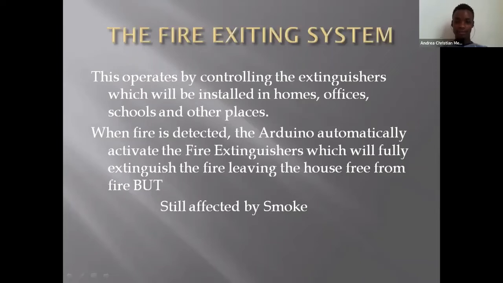So the fire exiting system, there are two systems. As I said, there's the fire exiting system and there's the smoke exiting system. So the fire one operates by controlling the extinguishers, which will be installed in homes, offices, schools, and other places. It depends on the kind of fire that you normally experience. Let's say for type A fire, you could only use water as an extinguisher.